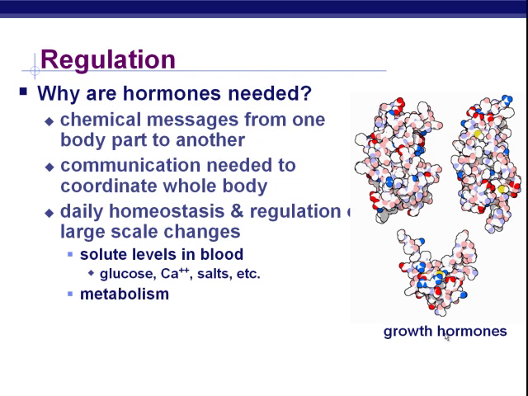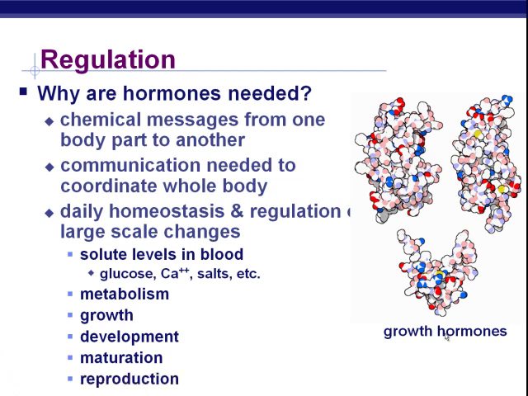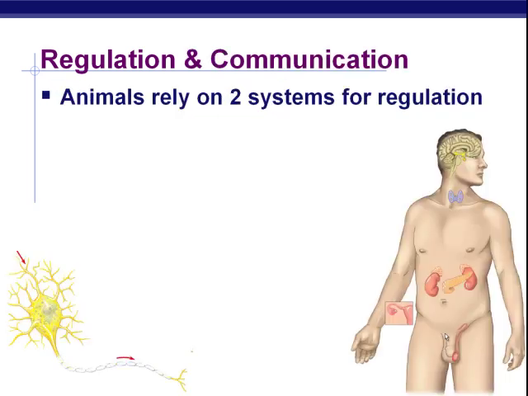But there's bigger scale things that are more long-lasting, permanent effects, like growth, maturity, development, things like that, that are also coordinated and regulated by your hormones. So a lot of different aspects to this organ system.